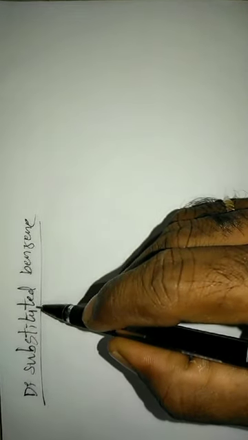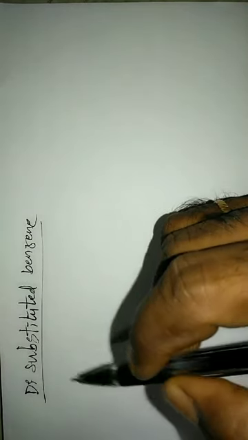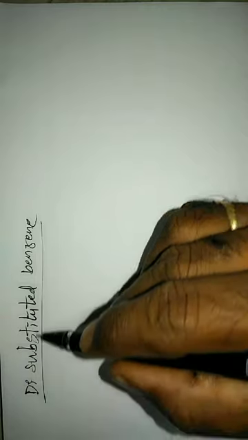Now next, disubstituted benzene. Disubstituted benzene means two hydrogens of benzene are replaced by two univalent groups. That is called disubstituted benzene. Like this.